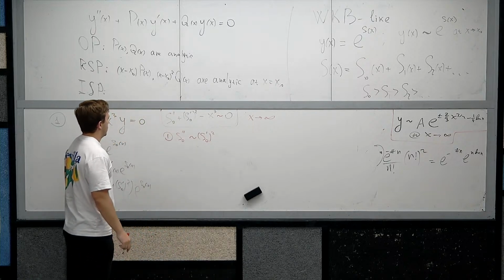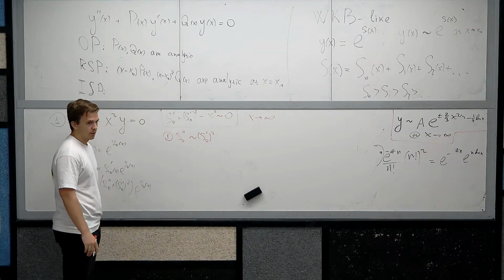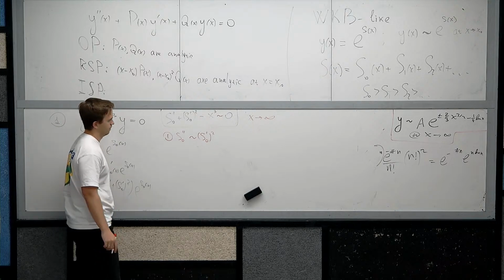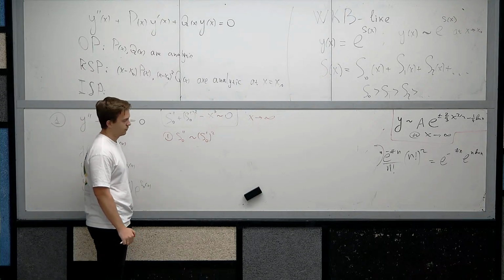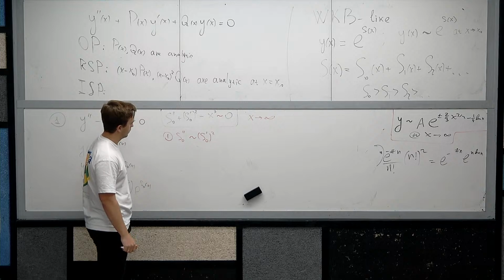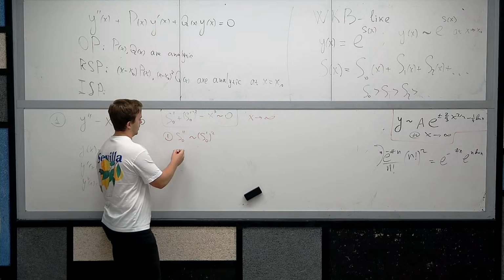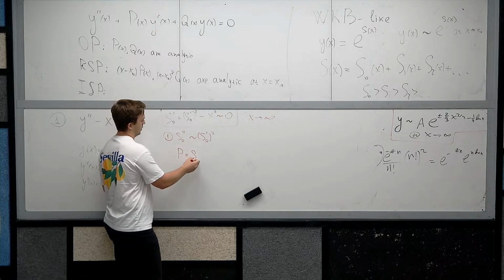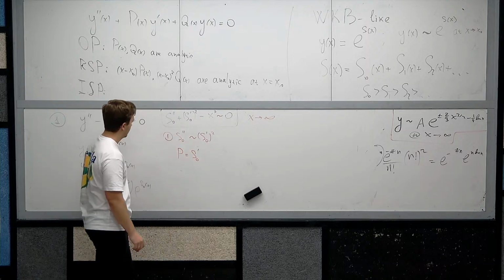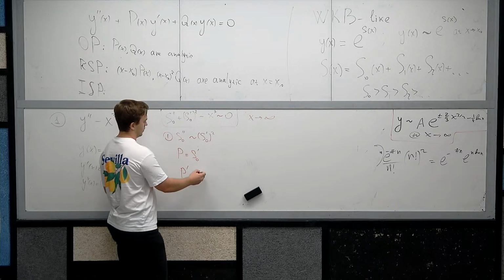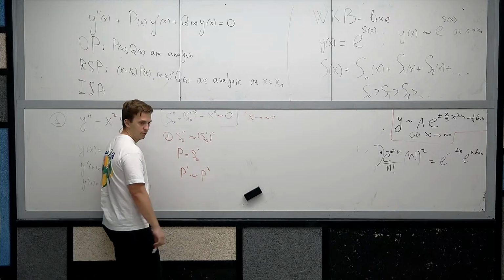Okay, then we need to solve this equation, right? How can we do it? We can say that p is S naught prime. Then p prime is asymptotic to p squared.